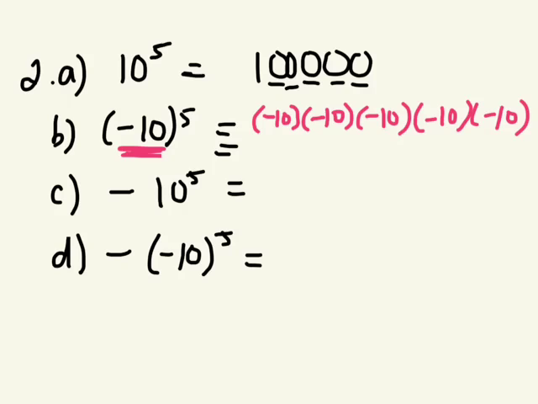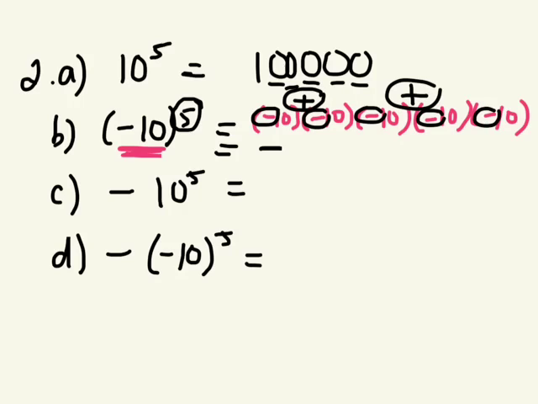Who thinks it will be negative? How do you know? It's an odd number of negatives, exactly. This exponent is an odd number. We have a negative and a negative, which is another negative and a negative, which is, now we have a positive, and a negative. Positive and negative is negative. So it's negative 100,000. Excellent.